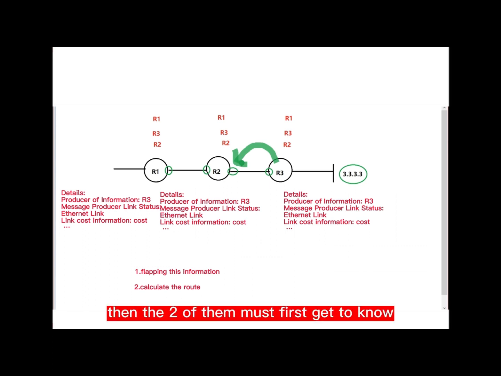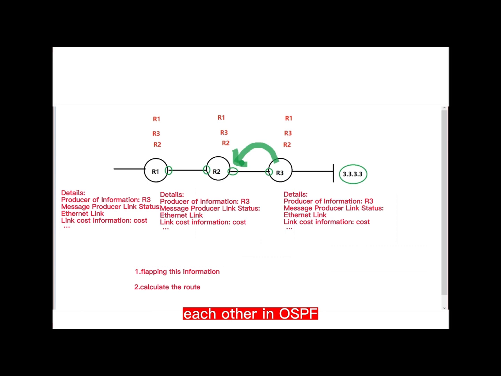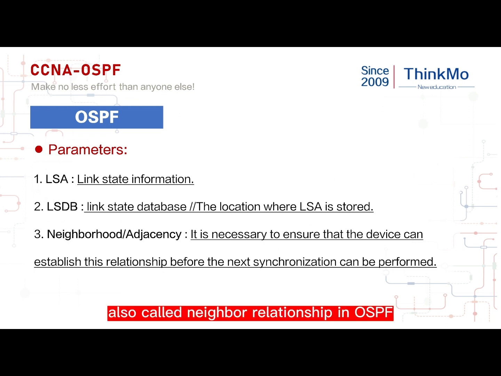Then the two of them must first get to know each other in OSPF. Just like EIGRP, before the device forwards the LSA, the two devices must first be aware of each other. They are going to establish a relationship with each other, also called a neighbor relationship in OSPF.